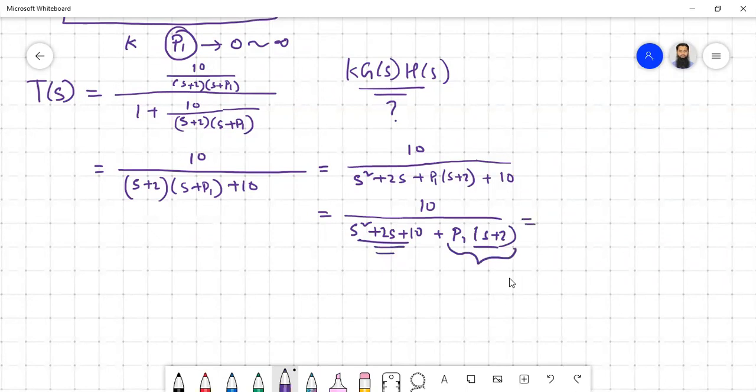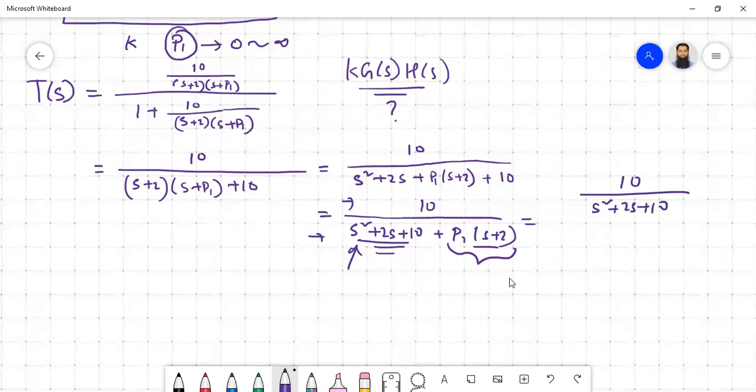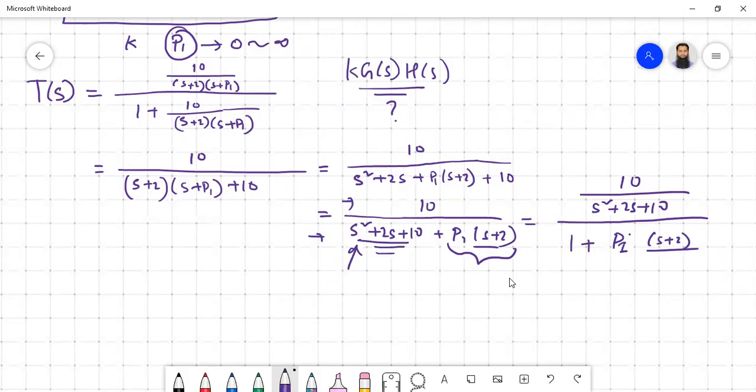So what you are going to get here is, or actually both the numerator and the denominator, you divide by this term. So what it is going to be 10 divided by s square plus 2s plus 10, divided by 1 plus P1 (s plus 2) over (s square plus twice s plus 10).